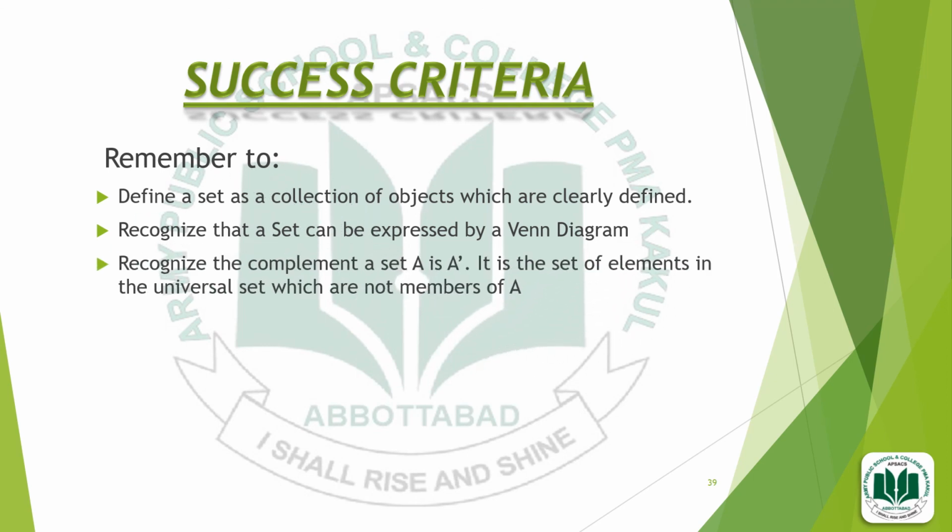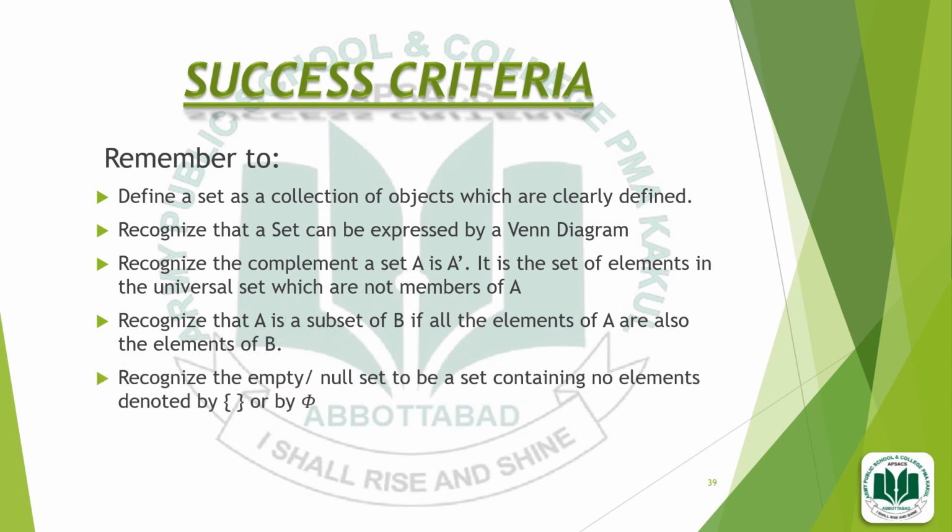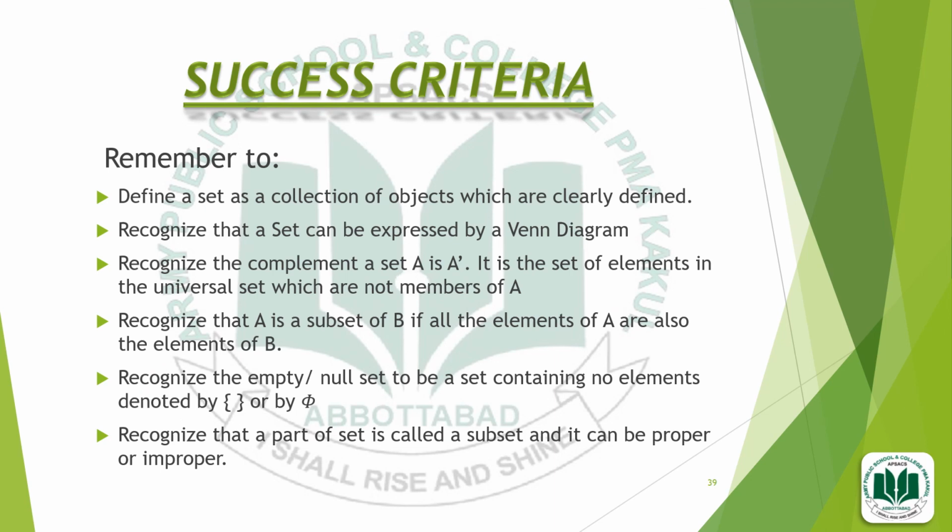Recognize the complement of a set A is A prime, and it is a set of elements in the universal set which are not members of A. Recognize that A is a subset of B if all the elements of A are also the elements of B. Recognize the empty or null set to be a set containing no elements, denoted by empty brackets or by phi. Recognize that a part of a set is called a subset and it can be proper or improper depending upon the elements of the subset.